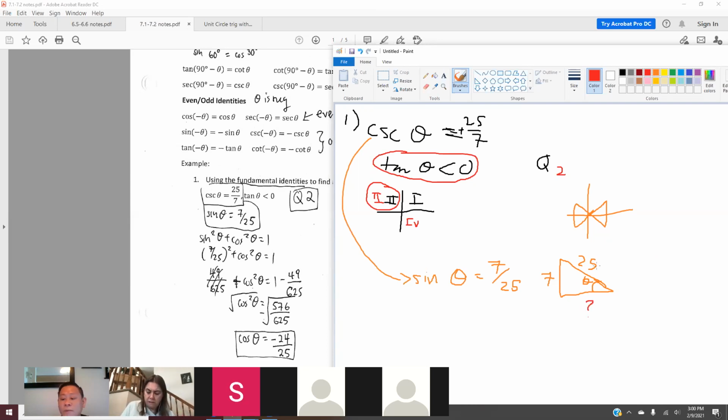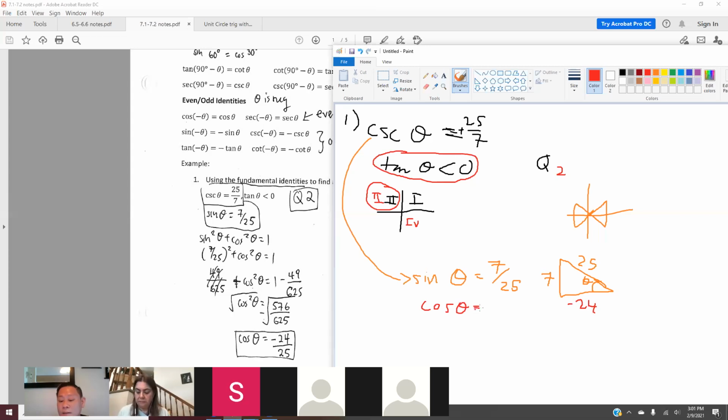Anyone know the triplets? 7, 24, and 25. And this 24 has to be negative because it's in quadrant 2. So once you know this, you can find your cosine theta.